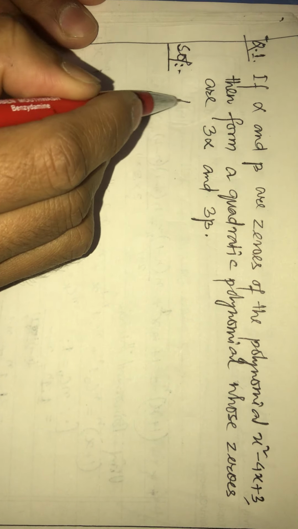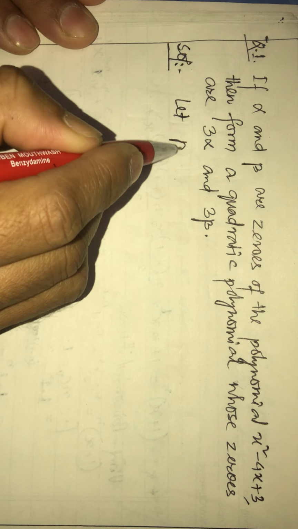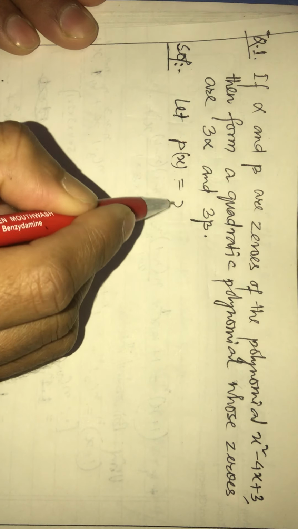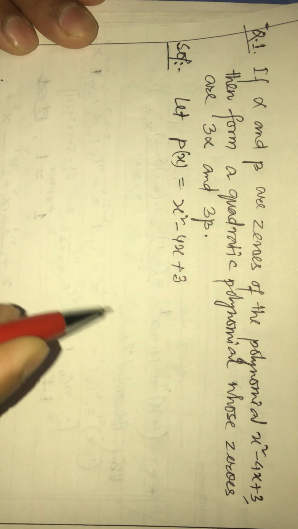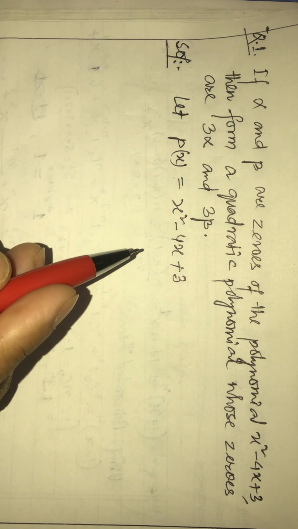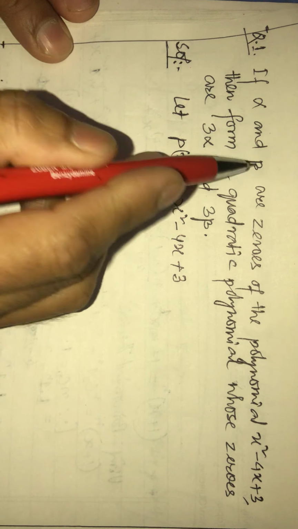So first we'll let p of x be x square minus 4x plus 3. So this is the given polynomial. Now we know its zeros are alpha and beta.